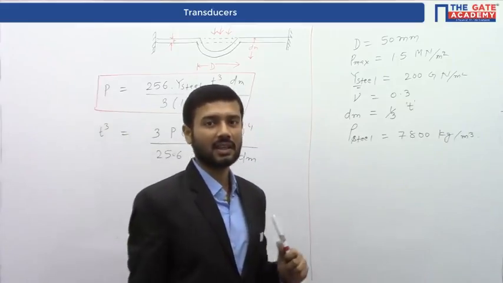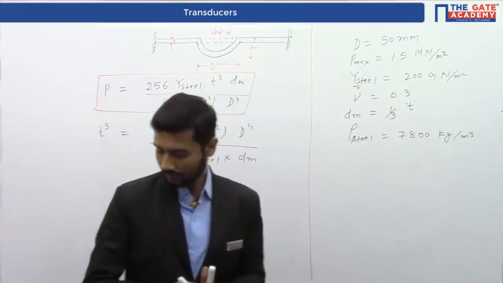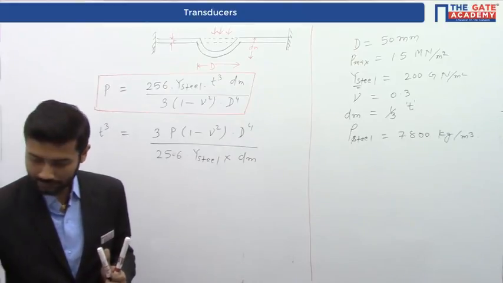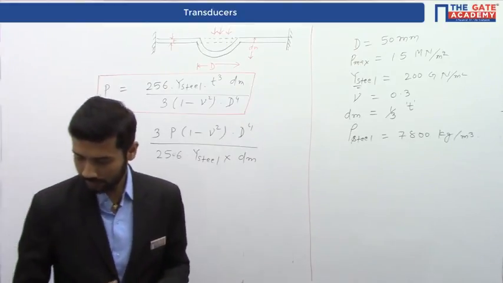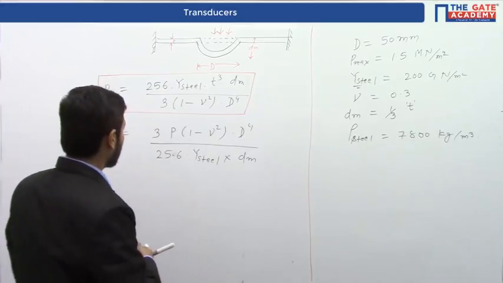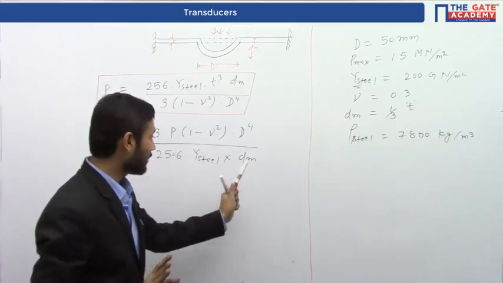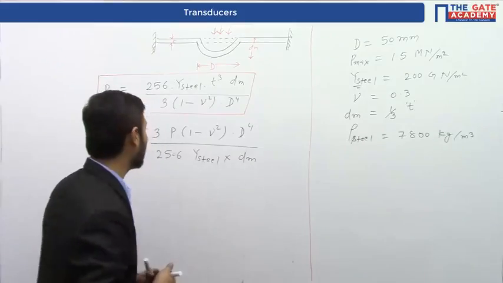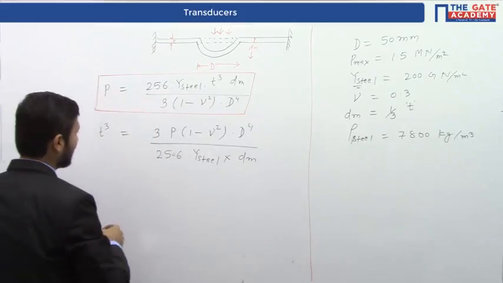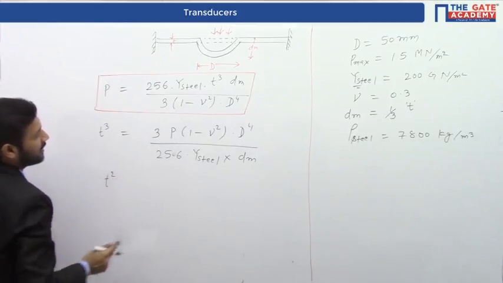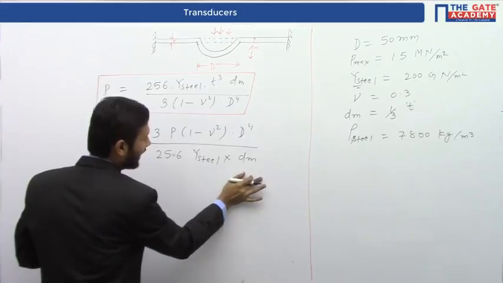We can write this formula. Now we can replace dm by t/3, so we can write t squared.